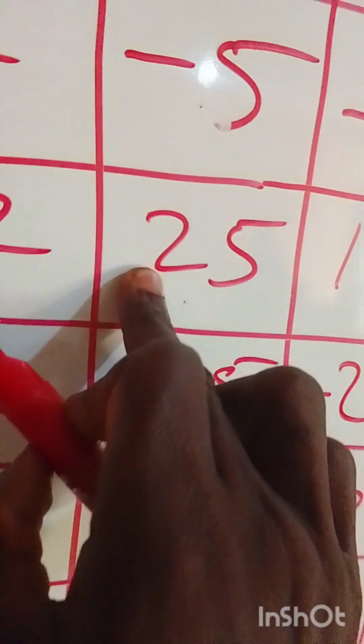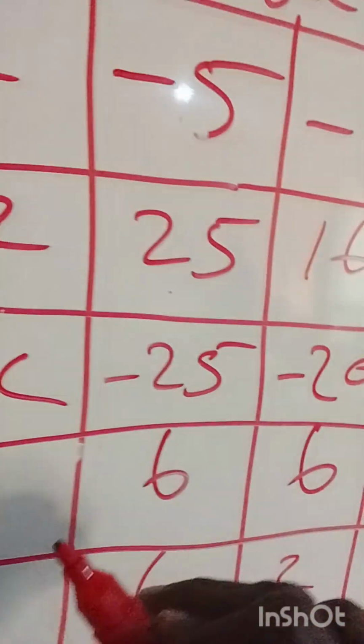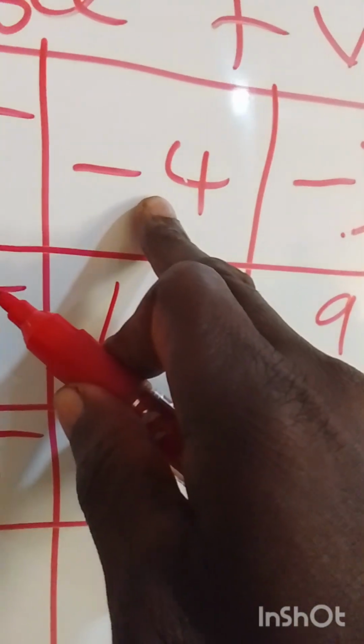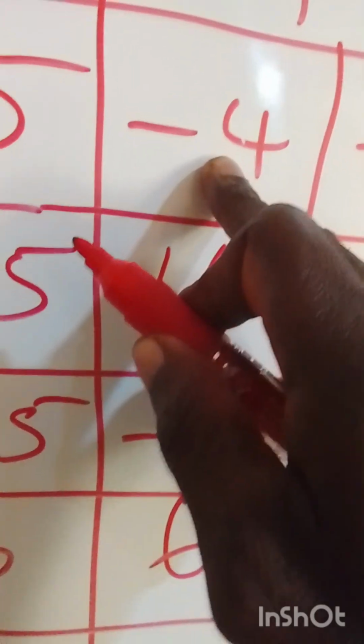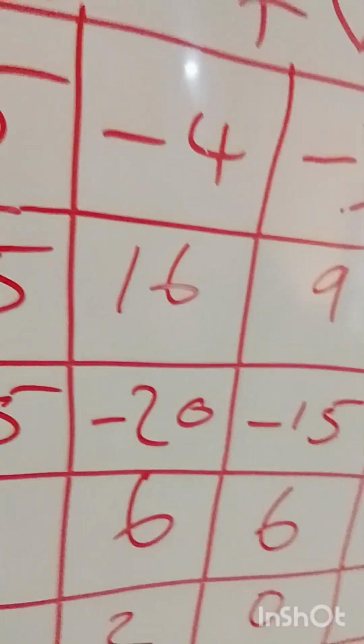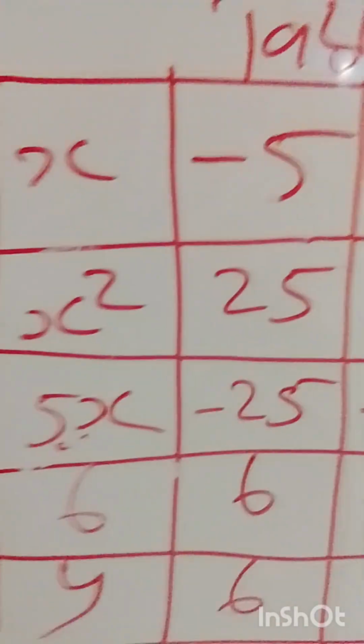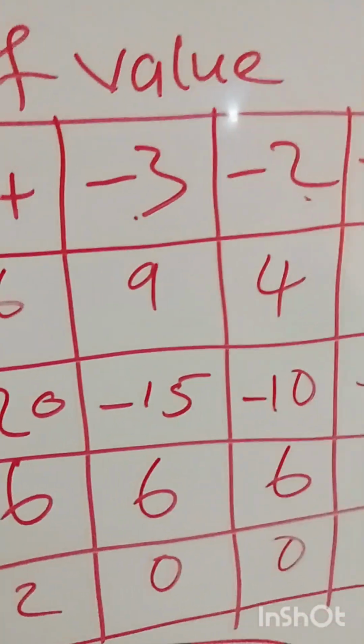That's why you see the minus is not indicated here in the given answer. Now, further to the next column, when you square your minus 4, you will get your 16.